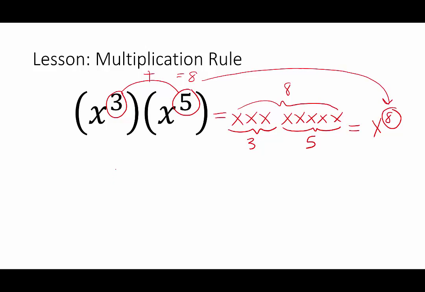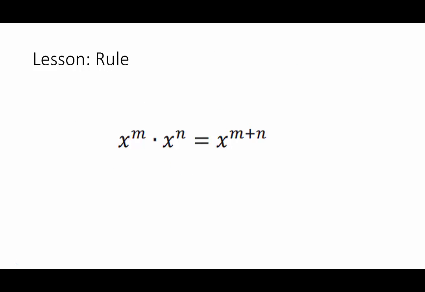What you should have noticed is we have x to the 3 plus 5, which is equal to x to the 8th. And we can generalize this to other numbers. The general rule is x to the m power times x to the n power is equal to x to the m plus n.